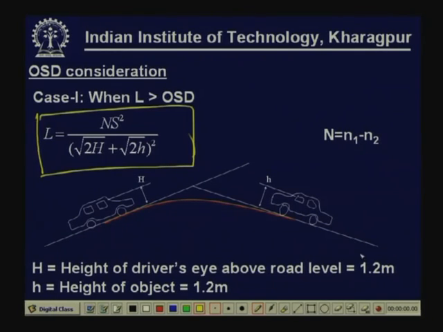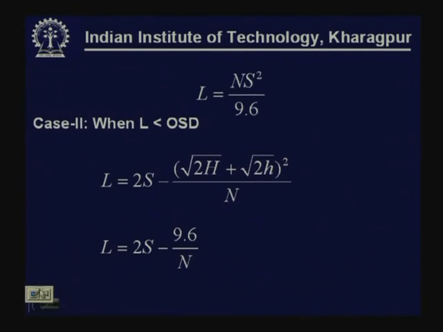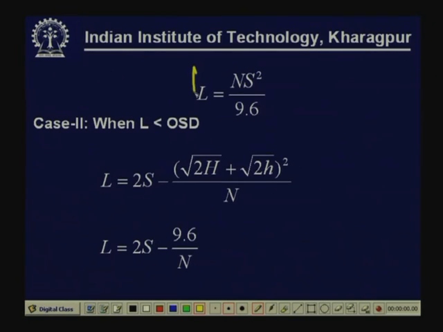Only thing, the height of the driver's eye above road surface is 1.2 meter like the earlier case of SSD, and the height of the object here is also 1.2 meter, because for overtaking sight distance this object is nothing but another vehicle which is coming from the opposite direction. So, if we do that, then this formula can be written in a simplified form, that is L equal to N S square by 9.6.